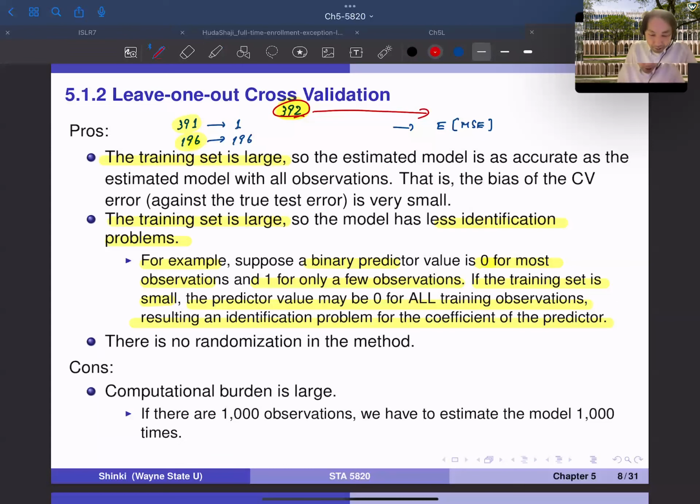If we use the training and test approach, sometimes these two hybrid cars are both in the test set. So the 196 training observations are all traditional engine cars. In such a case, of course, we cannot estimate the effect of a hybrid system, right? But if we use 391 observations as the training set, then at least one hybrid is there, and most of the time, the two hybrid cars are in the training set. So at least we can estimate the effect size, right? That is another advantage.